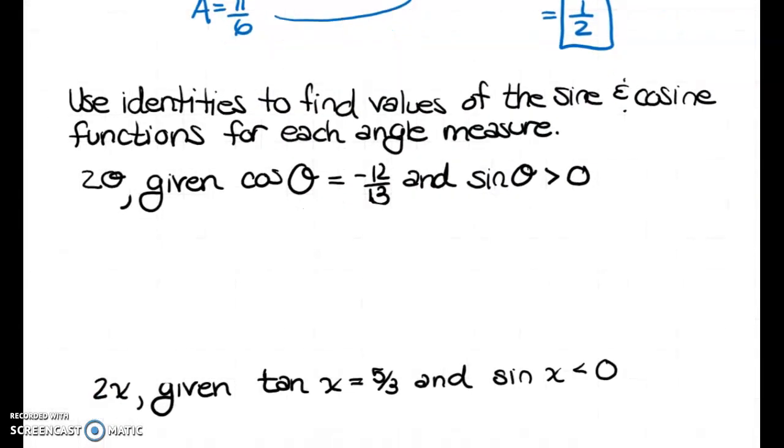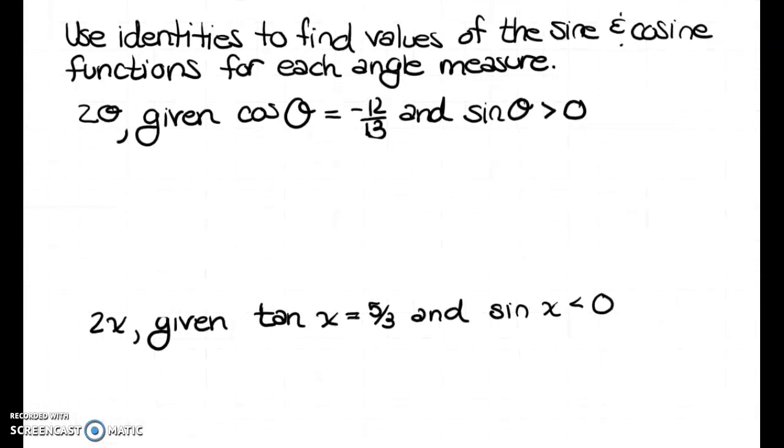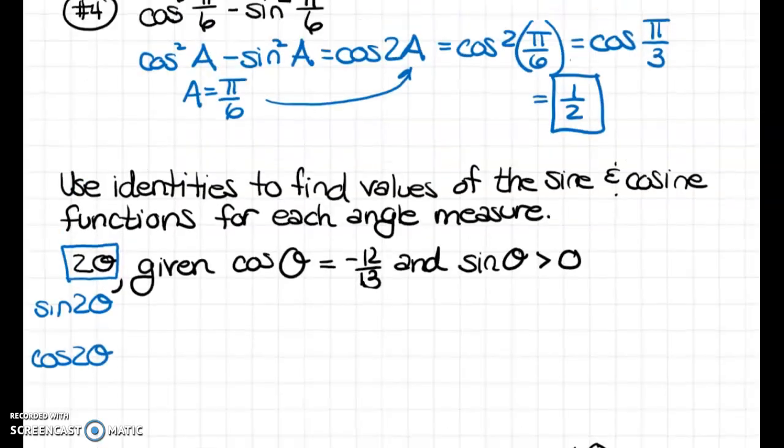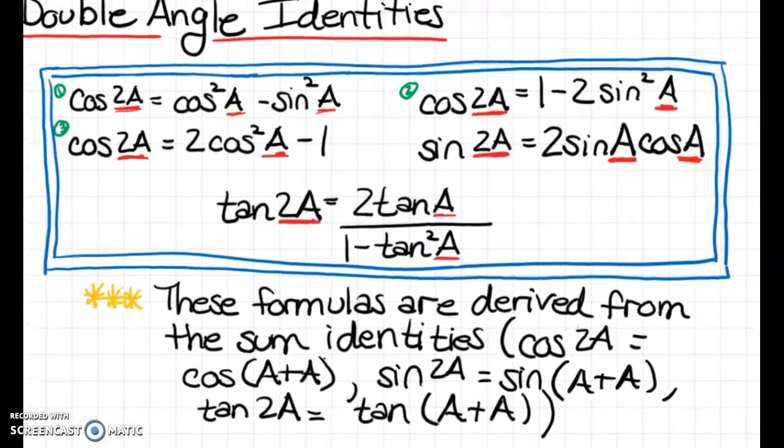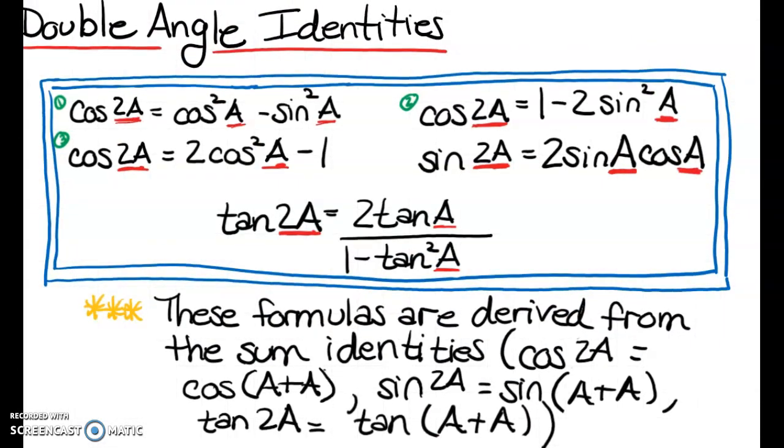So now it says use identities to find the sine and cosine functions for each angle measure. So here we're looking for the sine and the cosine of 2 theta. And if I go back and take a look at my formulas, the cosine of 2 theta, if I knew the cosine of theta, I could use this one right here, right?